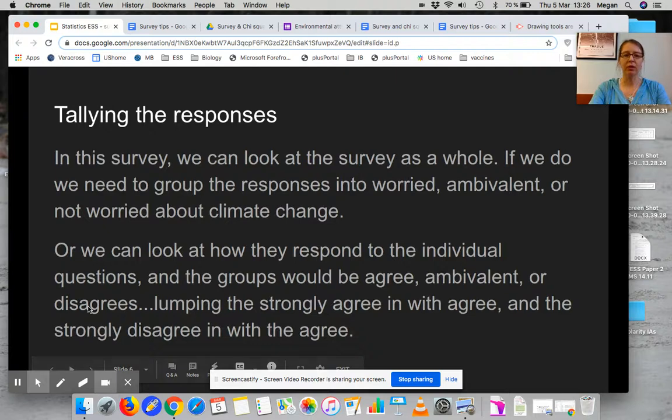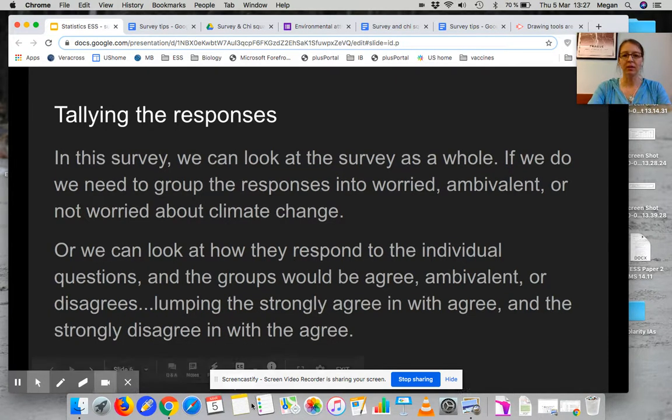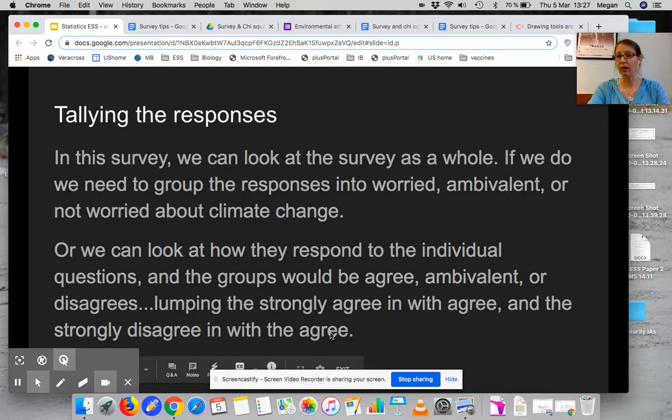So if, for that particular question, a respondent said 1 or 2, strongly disagree or disagree, those would be lumped into the disagree category. Any 3s would be the ambivalent. And the 4s and 5s, which are agree and strongly agree, would be lumped into the agree category.